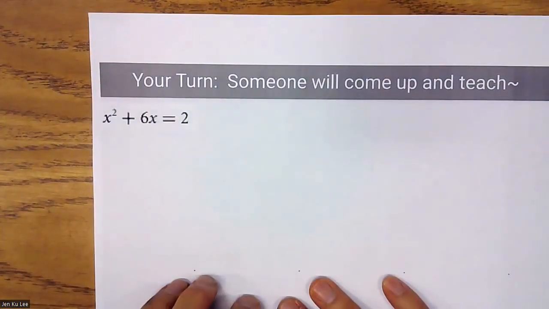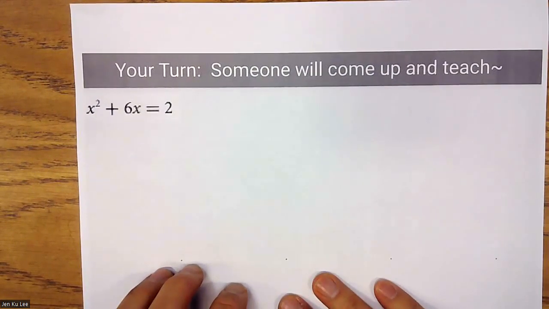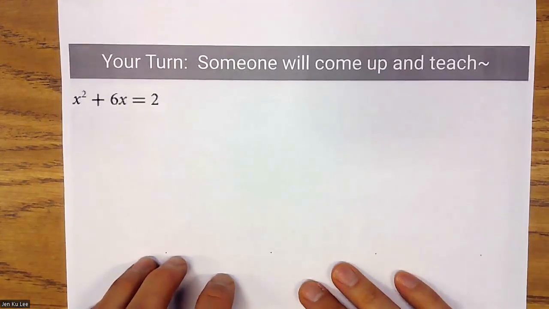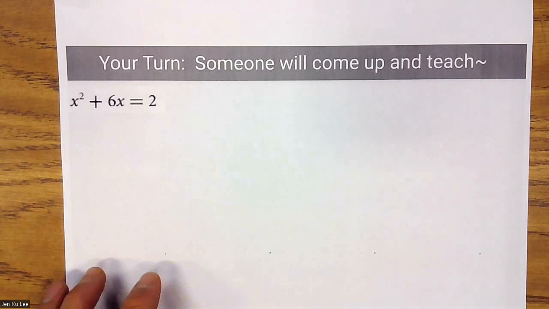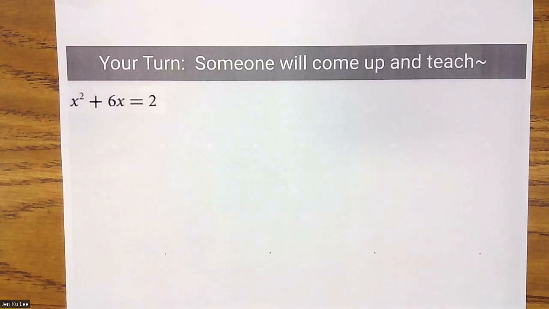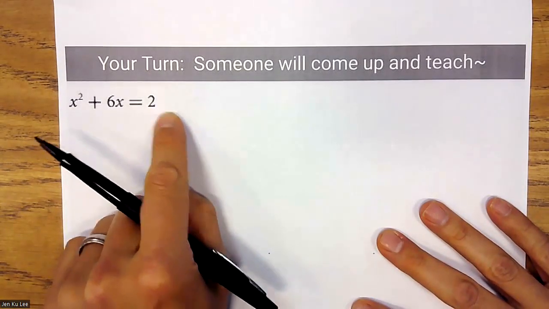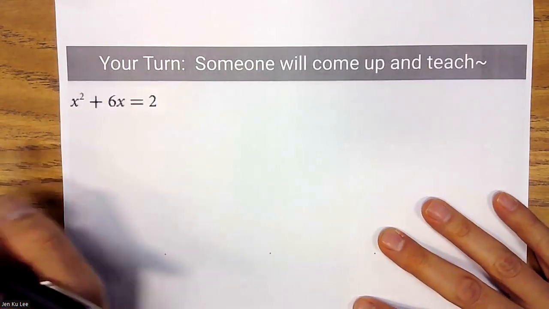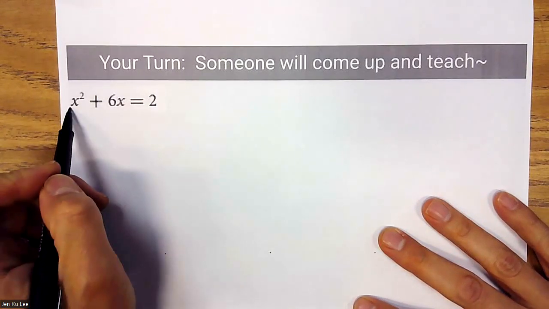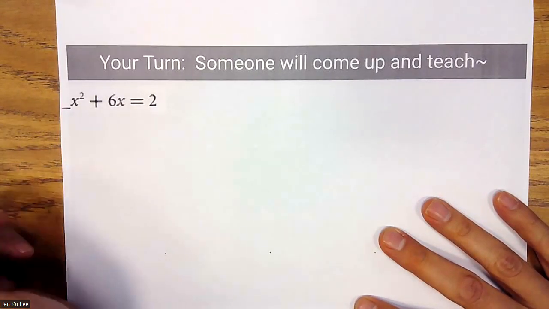Okay. So my next one, it's your turn to try it out. Okay, so come and try it out here. Okay, so step 1, we get the constant by itself on one side of the equation. Check. Step 2, make sure that the coefficient for x squared is 1, which it is.